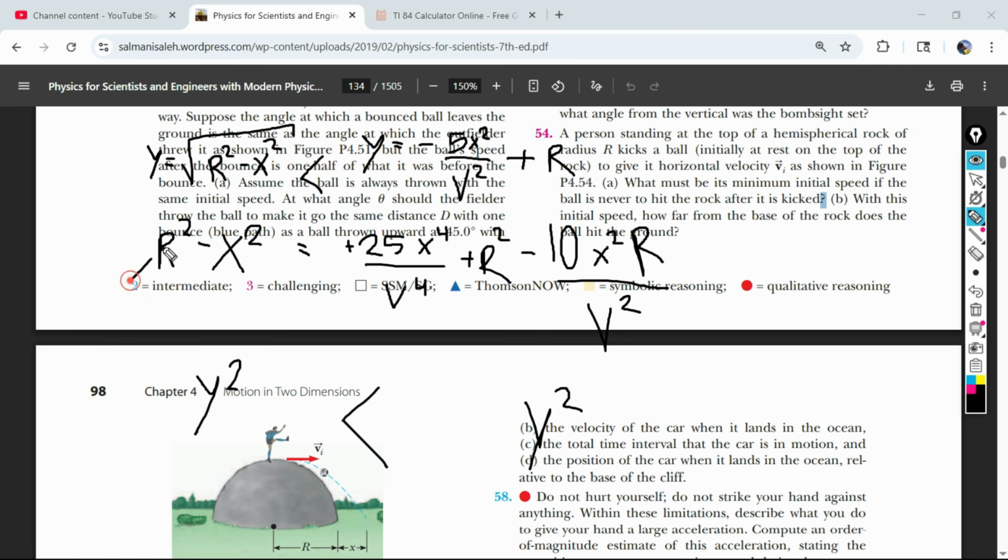They both have r squared, so I'm just going to get rid of that so we don't have to compare it. Now what we're saying is that this has a value of negative 1, and this has a value of negative 10rv squared.